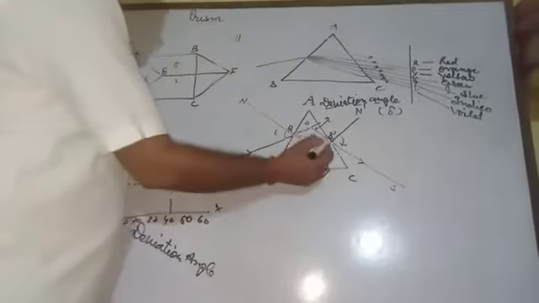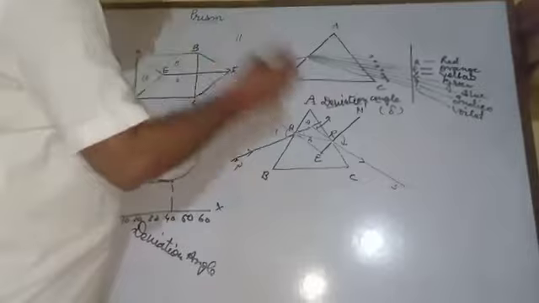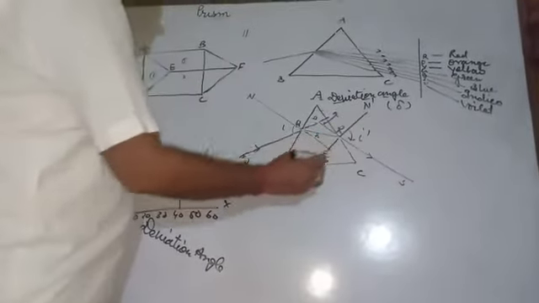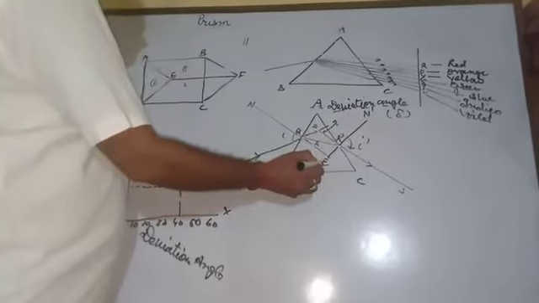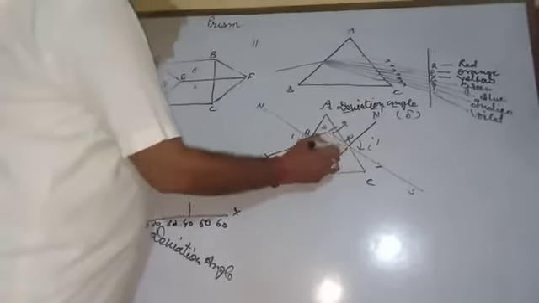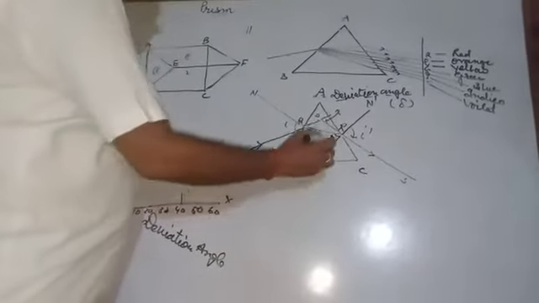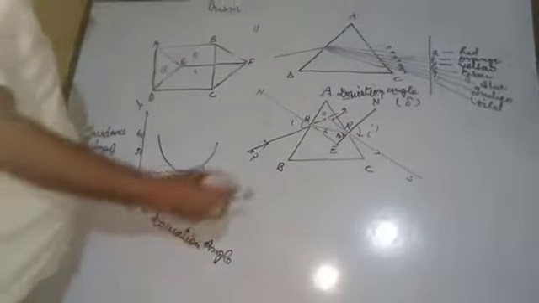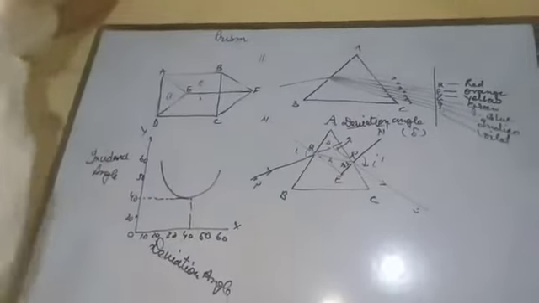The emerging ray RS also forms incident angle I dash with the normal NRE and refracting angle R dash with the normal NRE.